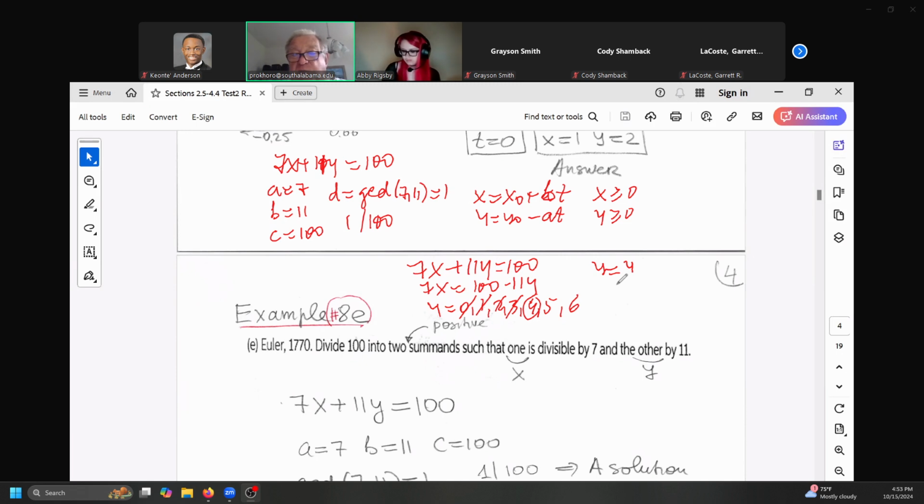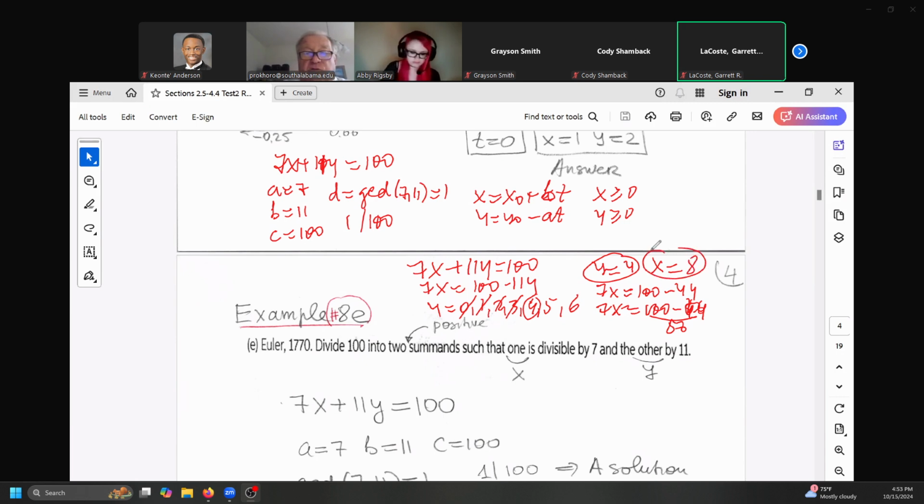Let's check it works, because 7x equals 100 minus 11 times y, which is 100 minus 44, and 7x equals 56. So what will we get? y equals 4 and x equals 56 divided by 7, which is 8. Now write the solution like this.